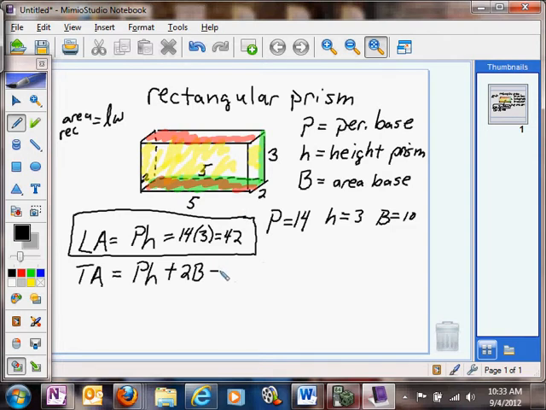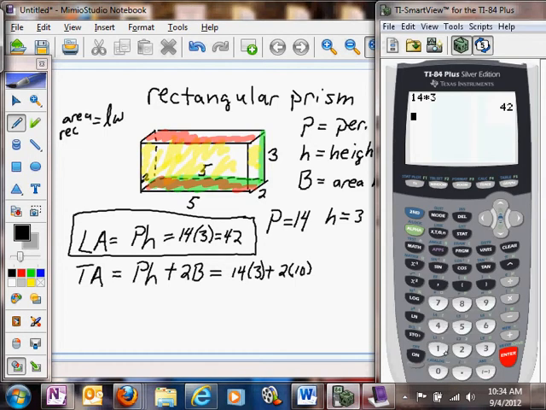And then finally, for the total surface area, I have big P times little h, which again is 14 times 3, plus 2 times big B, and big B is 10. Using my calculator, typing it in just how I wrote it, 14 times 3 plus 2 times 10.